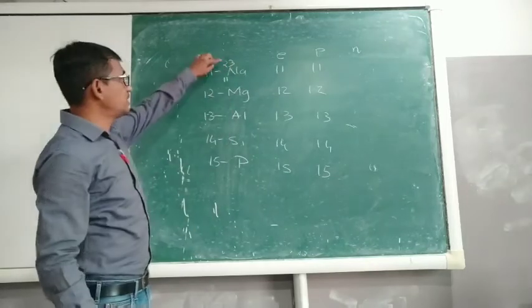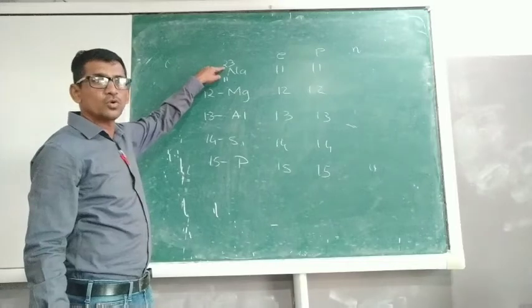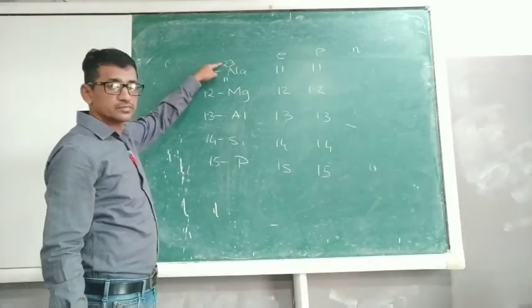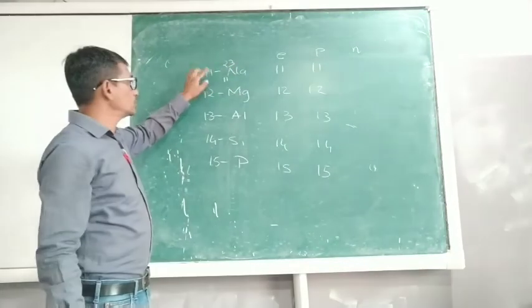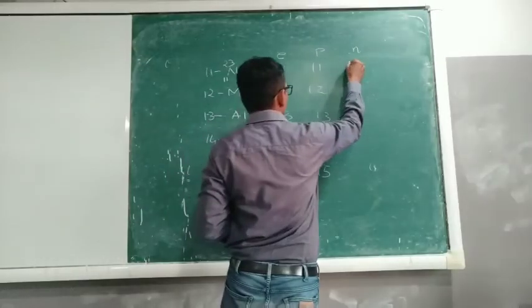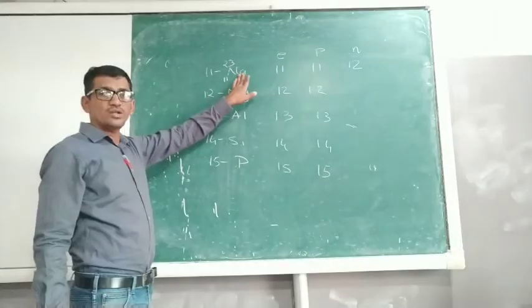So its weight is 23. This weight is nothing but proton plus neutron. So if you subtract 11 from this, then you will get the number of neutrons. So here you subtract 11, the answer is 12. So sodium has 12 neutrons.